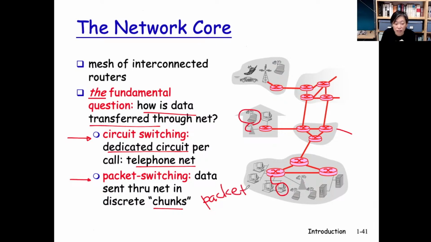It's almost like a package, but packet means also a little package. So we send data in smaller chunks, but use the entire link capacity. And to tell you ahead of time, the internet, or the data network, is taking this packet switching approach.